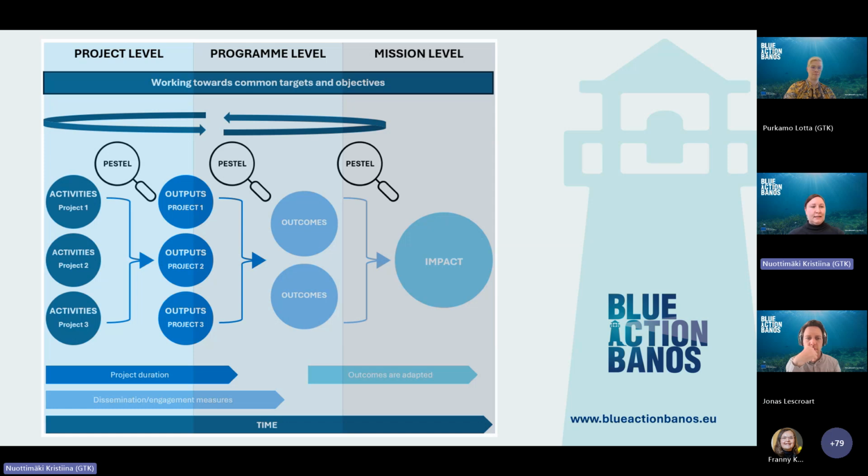So you can see the activities of your project through the PESTLE lens. You can think about the outputs through the PESTLE lens, and especially for the outputs, you can favorably affect the receivance of your outputs already in the planning phase by taking into account the obstacles that might come into play.